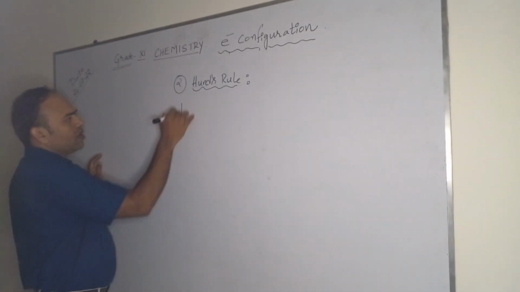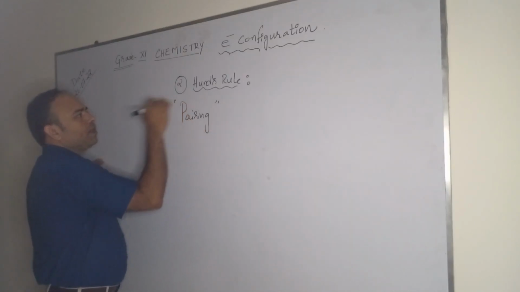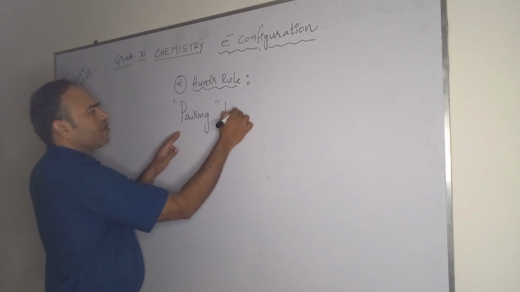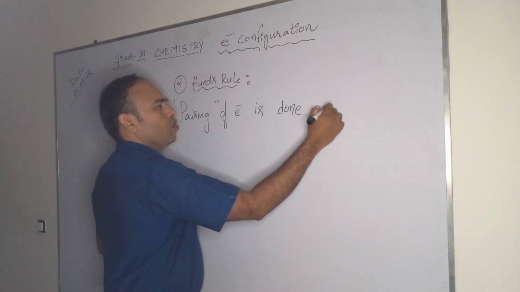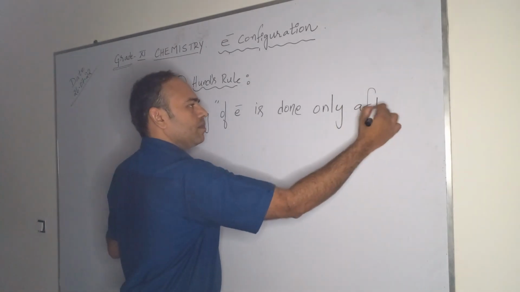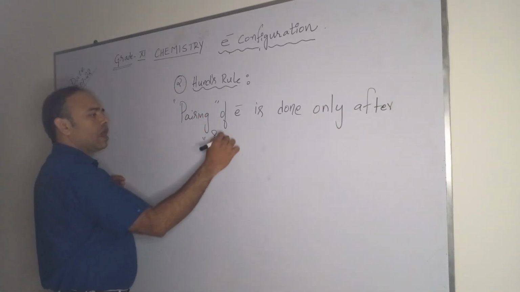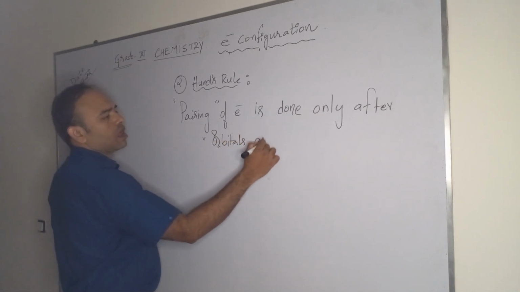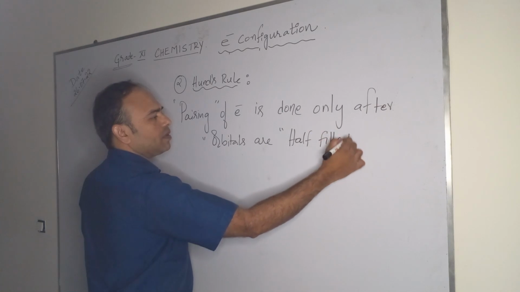That means pairing of electrons is done only after orbitals are half filled. Only after orbitals are half filled.